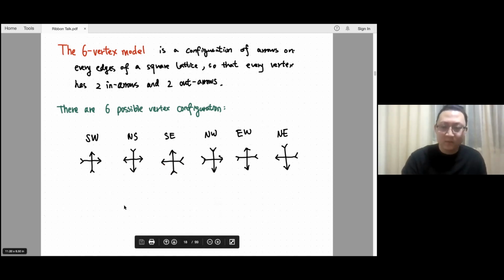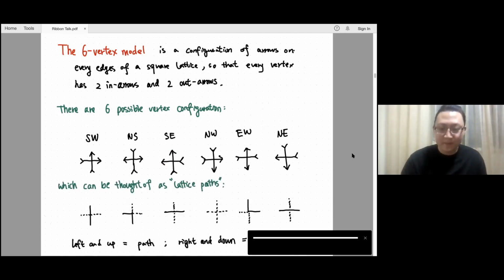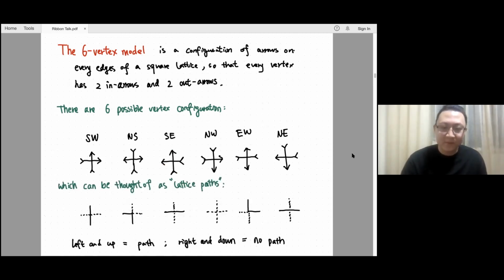And so we can view this 6-vertex model as lattice paths by doing a bijection between the admissible vertices and these 6 configurations. So basically, whenever there is an up arrow or a left arrow, we think of it as there is a path.